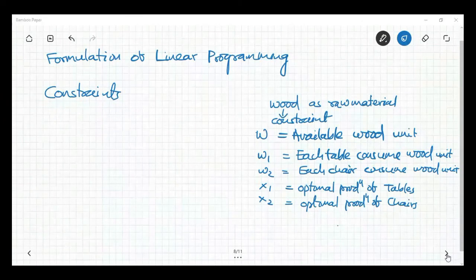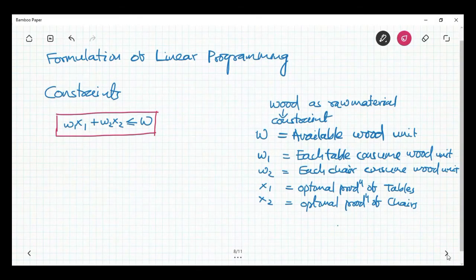Now how should I write this one? W1 x1 plus W2 x2, very good, less than or equal to W. So this is the constraint equation.